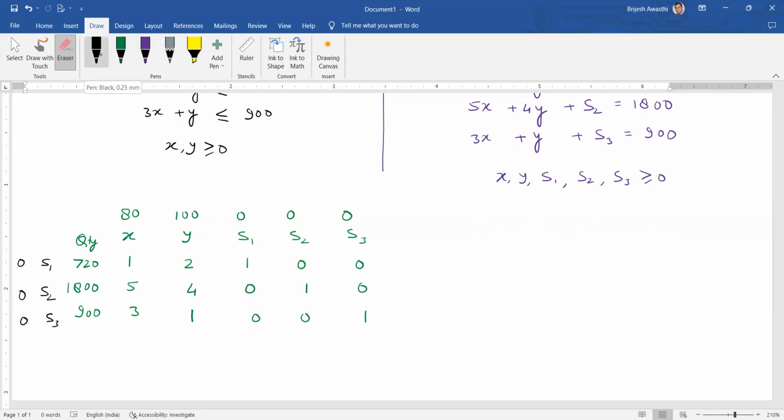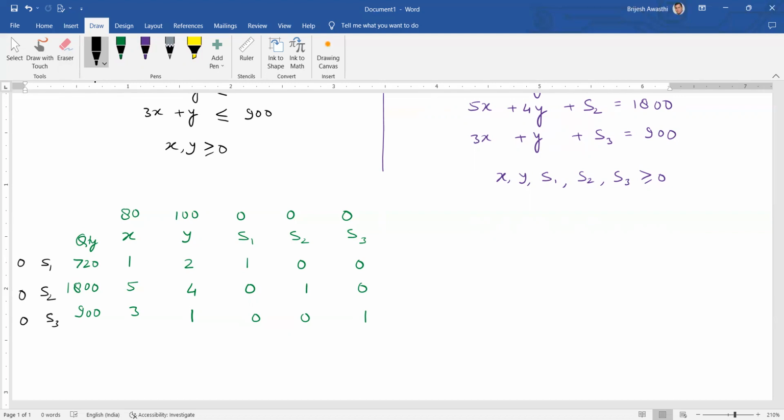Now what we are going to do is multiply these values with the corresponding rows and add them down to get ZJ. So 0 into 720 is 0, 0 into 1800 is 0, 0 into 900 is also 0.